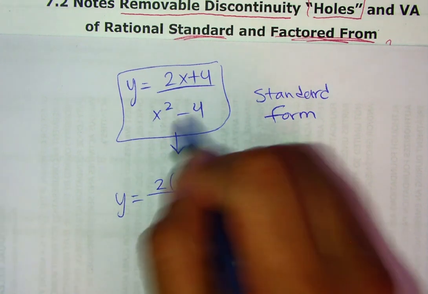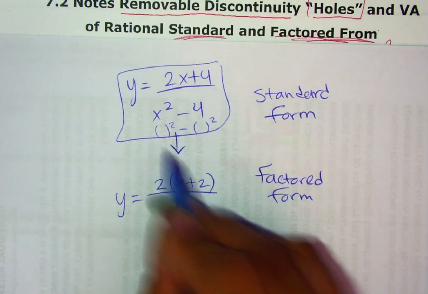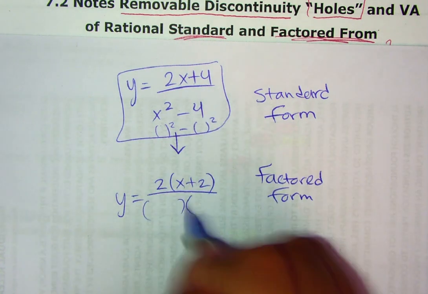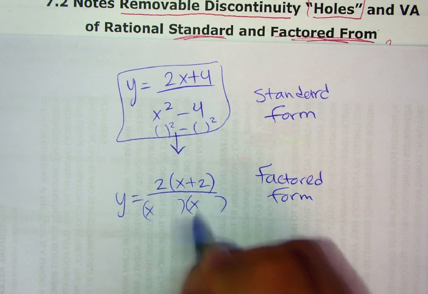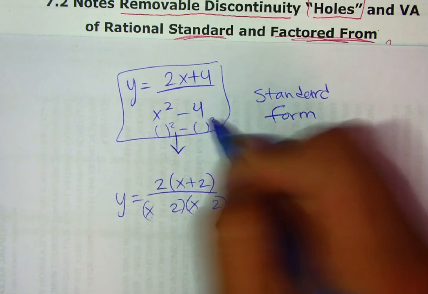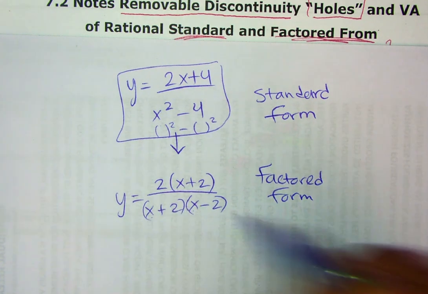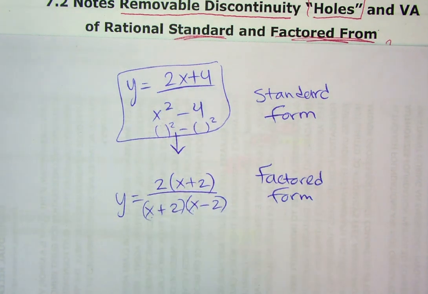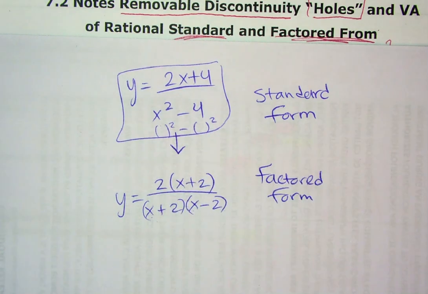This binomial is special. It's the difference of squares binomial, which means that we can immediately turn that into two binomials that would look like this. X times x will give you that x squared, and 2 times 2 will give you that 4. But we have to put a plus and a minus on each. So these are the two binomials that you get whenever you have a difference of squares.